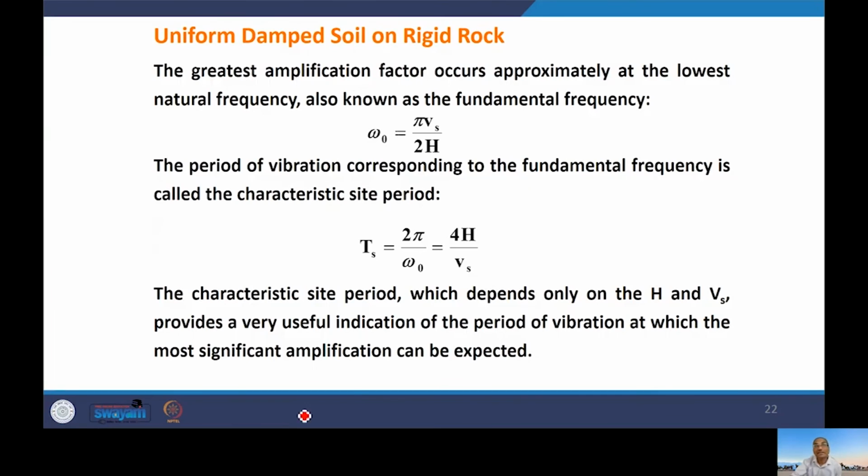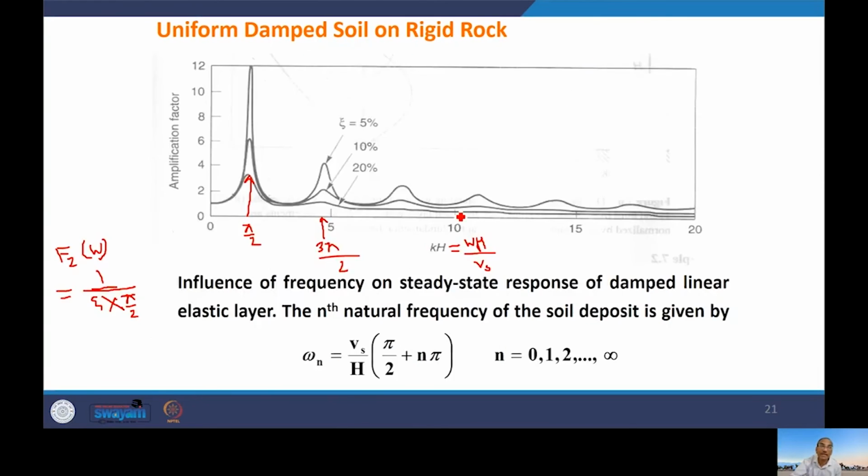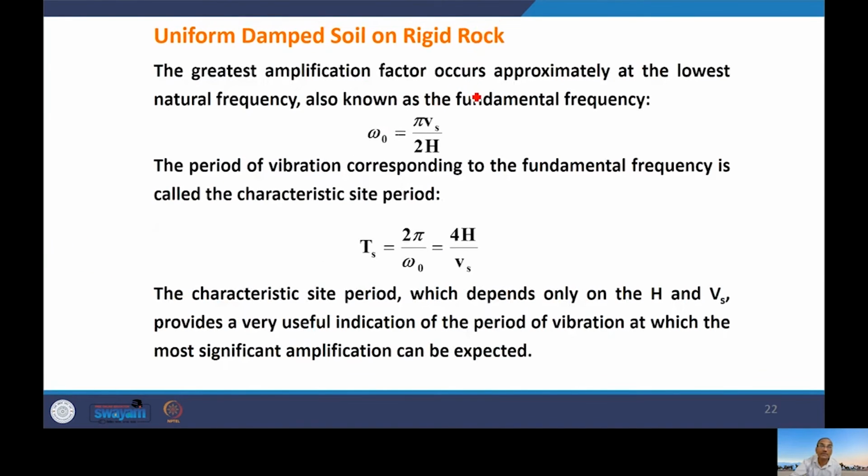Now continue with that. The greatest amplification factor occurs approximately at the lowest natural frequency, also known as the fundamental frequency, and this frequency will be when n equal to 0 and omega naught will be pi Vs over 2h. This was angular circular frequency. If you convert it into frequency, divide by 2 pi.